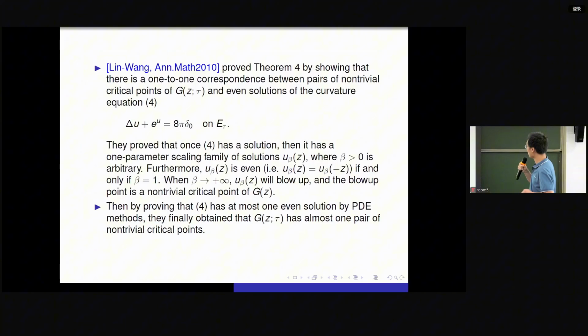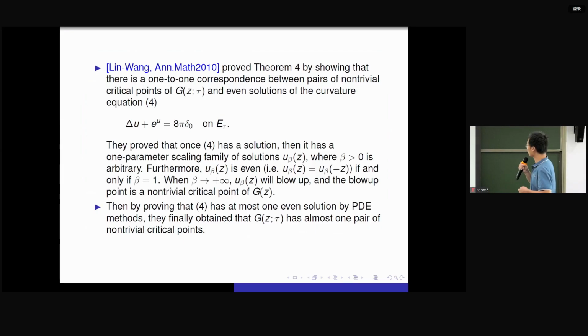Furthermore, among this one-parameter family of solutions, there is a unique one that is even, and all others are not even. And when β tends to infinity, this sequence of solutions will blow up, and the blow-up point will give a non-trivial critical point of the Green function. So this is a connection between this equation and the Green function.